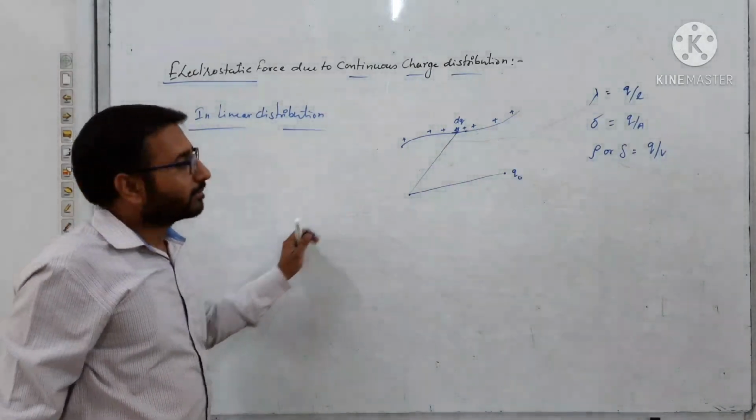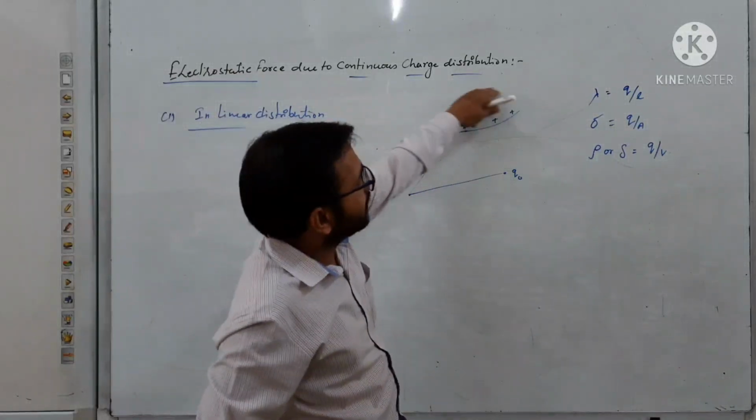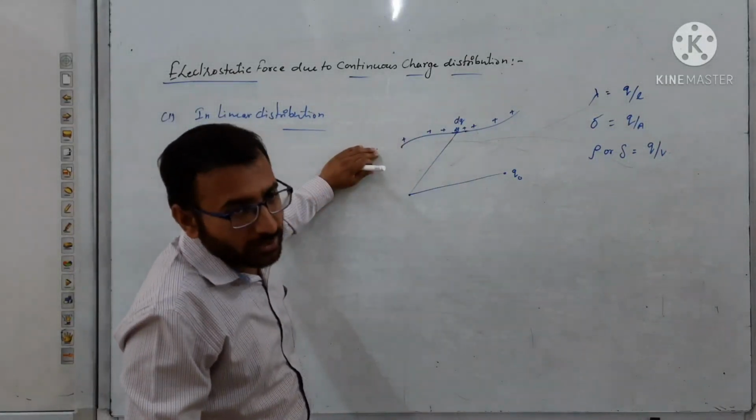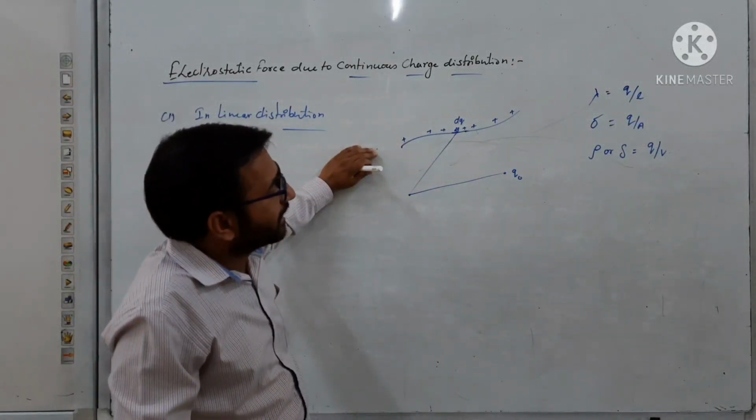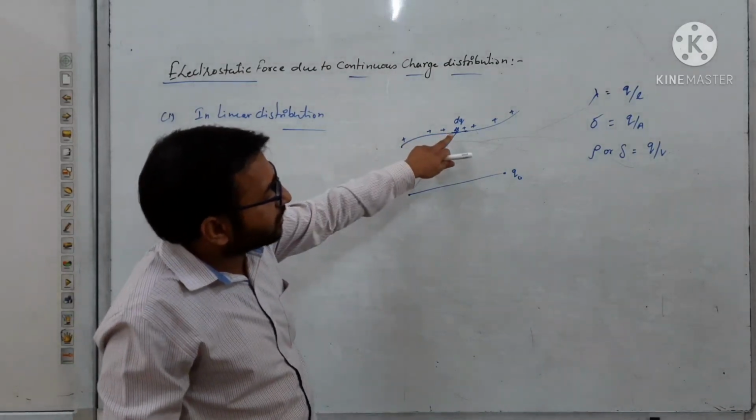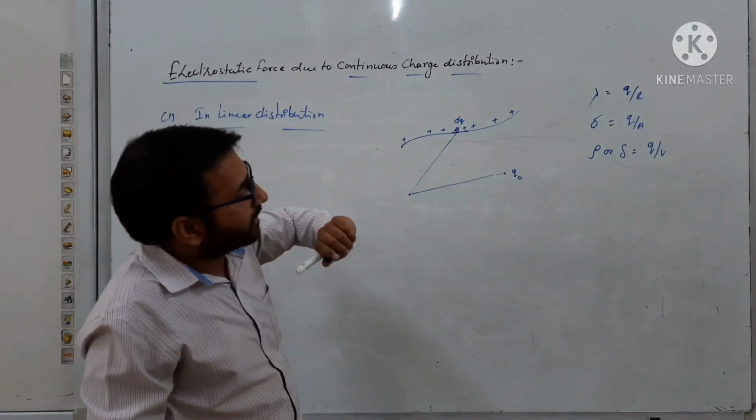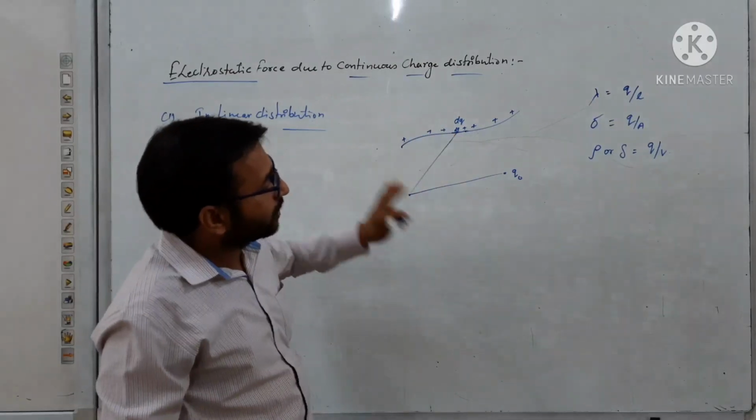Suppose the total charge of this wire is q. For this condition, we can consider the charge on this elementary length of the wire, dl, to be dq.